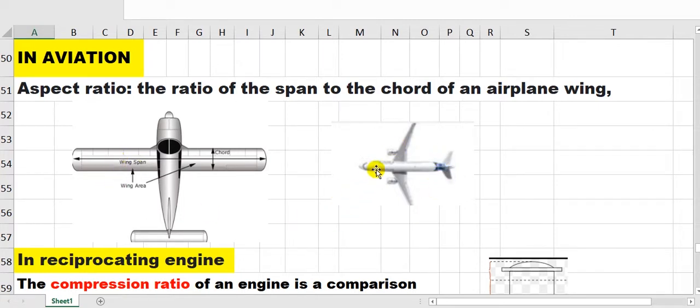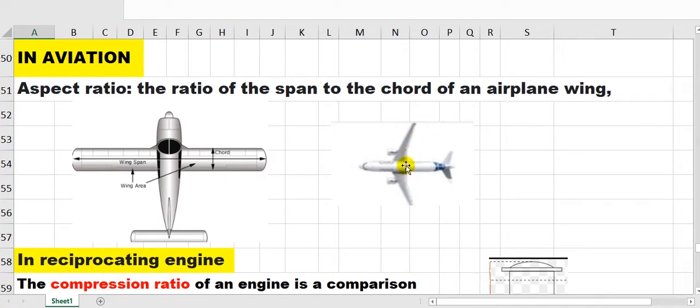But in this aircraft, which is swept, at the wingtip the chord is smaller than at the root. The chord at the root is larger than here. So this is not constant.